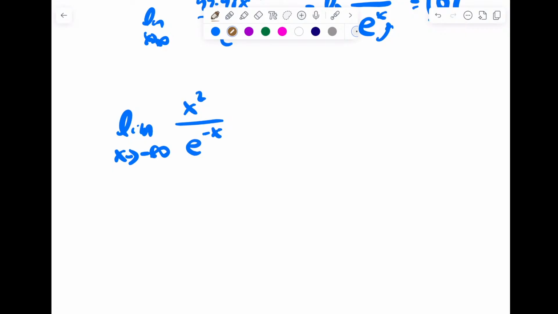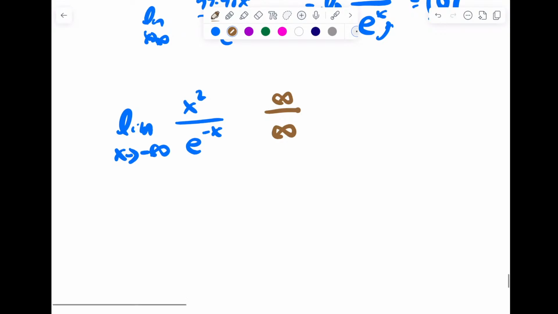So first of all, which case is this? This is negative infinity squared, so it's going to be infinity. And e to the positive infinity is also infinity. So if we reach negative infinity, which one is going to go faster?